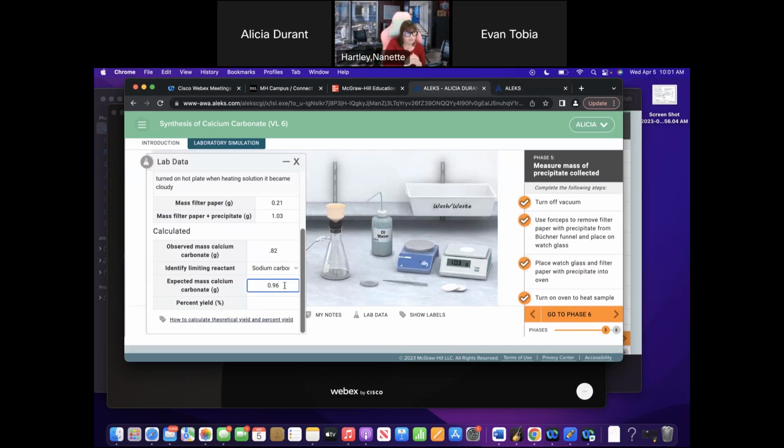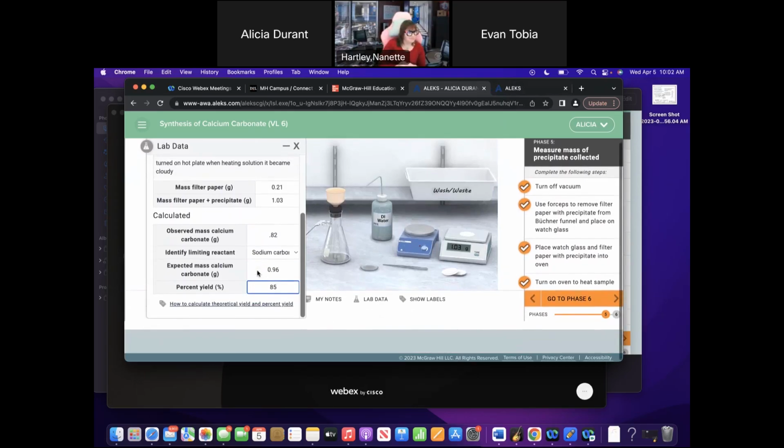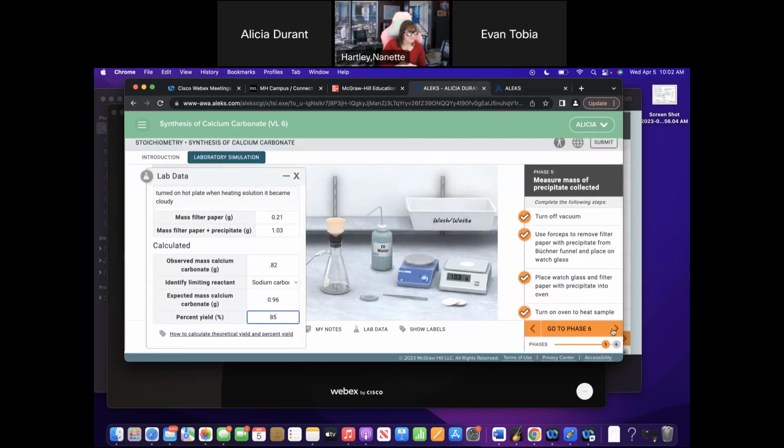So it's your actual, which is that observed mass, divided by the expected mass times 100. Okay, so 0.82 divided by 0.96 times 100 is 85% yield. That should be what they're looking for.